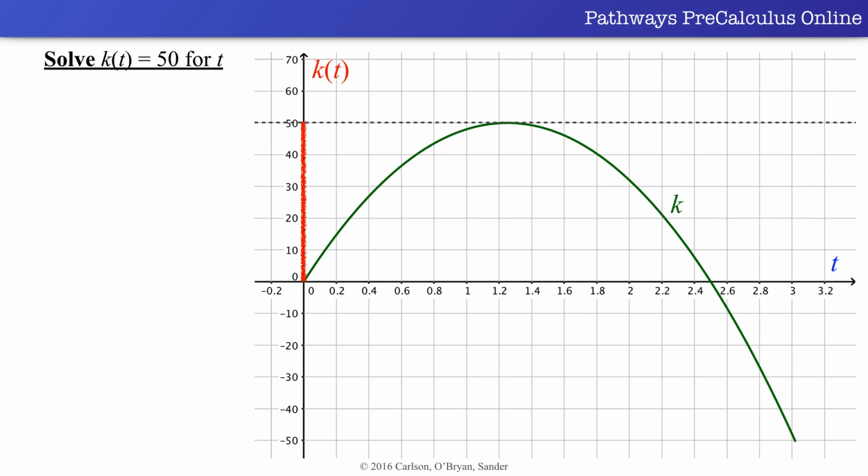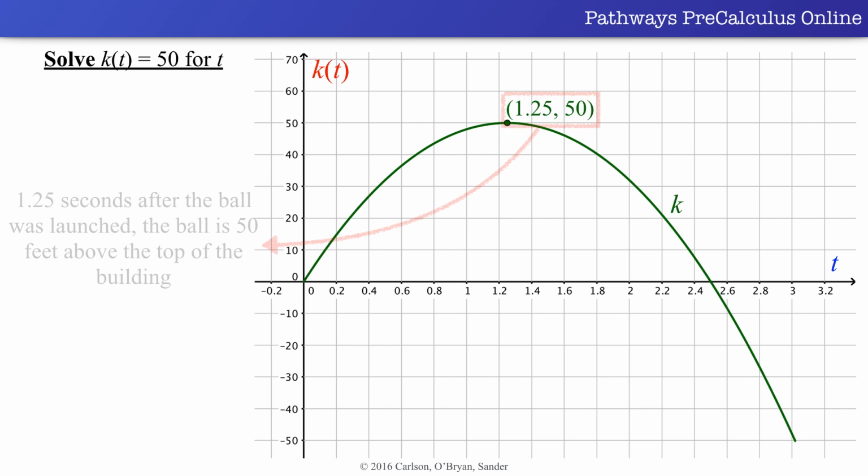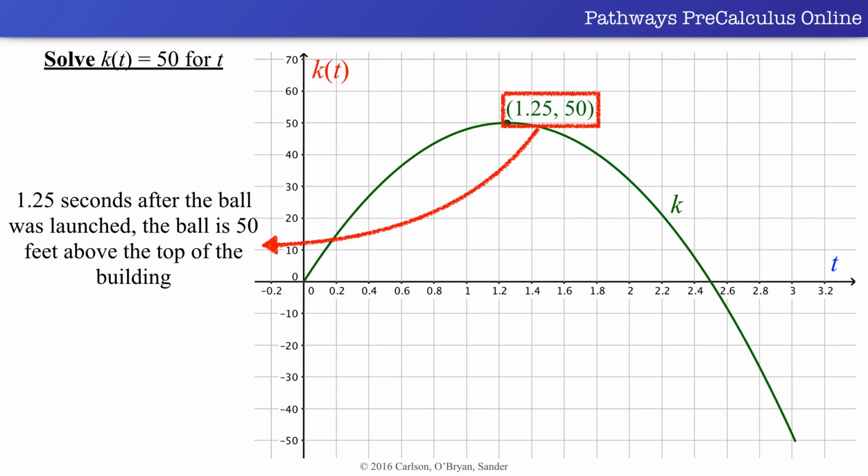There is only one such point, and the horizontal component of this point is about 1.25, and hence the point (1.25, 50) is on the graph of k. Since the horizontal axis represents values of t, the number of seconds since the ball was launched, the point (1.25, 50) on the graph of k represents that 1.25 seconds after the ball was launched, the ball is 50 feet above the top of the building.